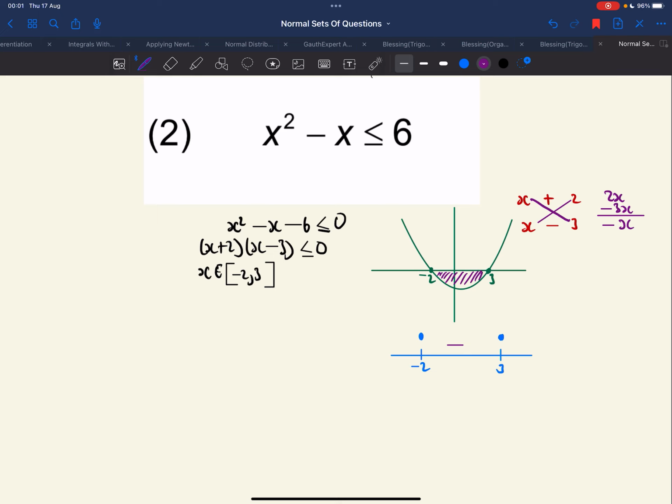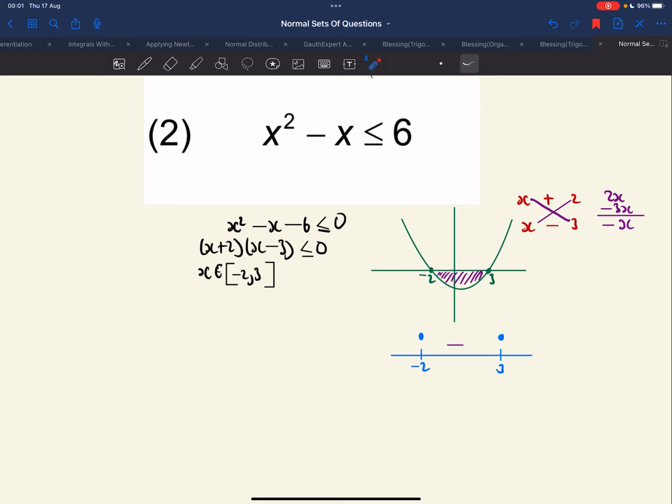Then we're also going to look at values going from -2 down, and values going from 3 up, and see what sign we get. So basically on a number line, we're just trying to find signs, for us to understand the answer that we're looking for.